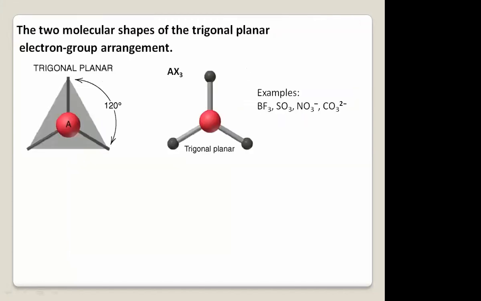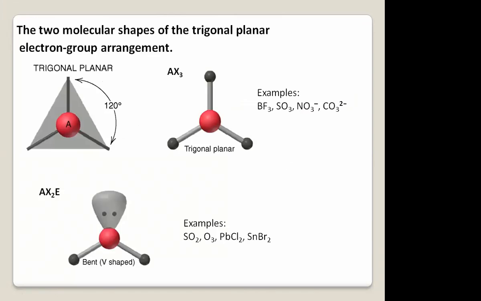Now, the next one is a trigonal planar structure. In a trigonal planar structure, you commonly have sp2 hybridization, which will give you an angle of 120, your central atom being A, your terminal atoms being X3. So you have A to be your central atom, X3 to be your terminal atoms.